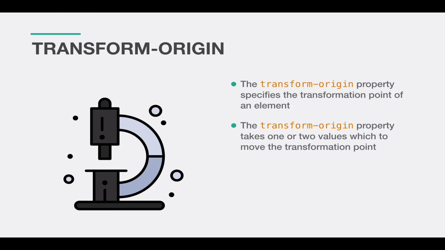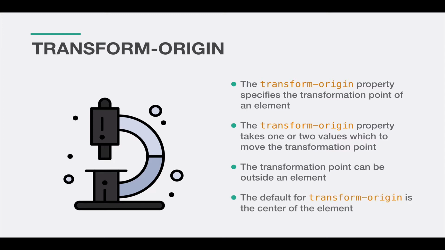And we provide it with 1 or 2 values to move that point around. We can move the point even outside of the element. That's actually quite common to make different animations occur. And by default, the transform origin is at the center of the element. So if we have a circle or a square, it's right in the dead center.